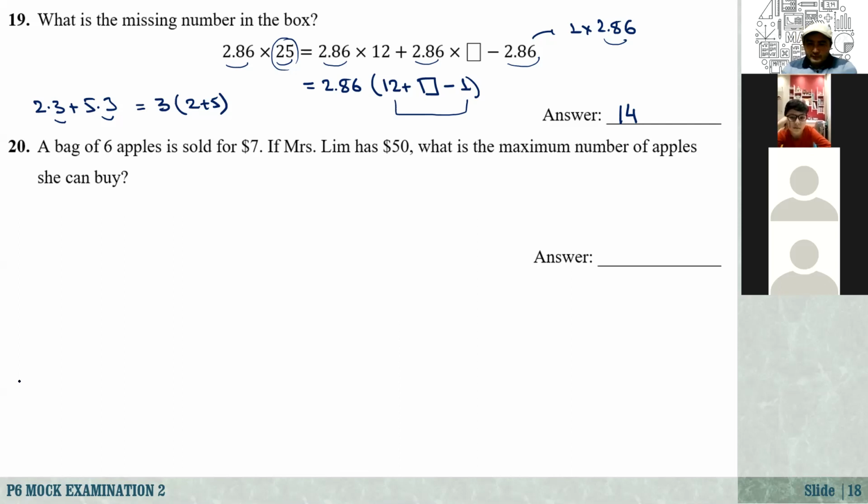Okay, Ismail, what do you think? What is the answer? Did you understand the question? Does it say 1 apple is sold for $7? No, 6 apples are sold for $7. 6 apples. Okay.